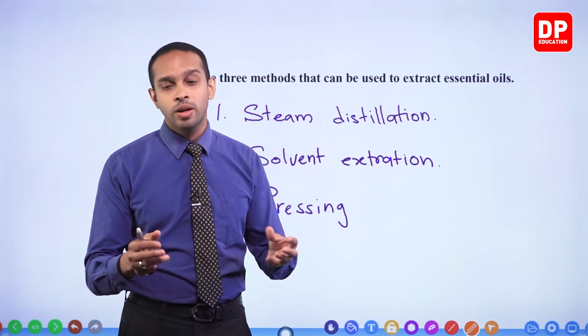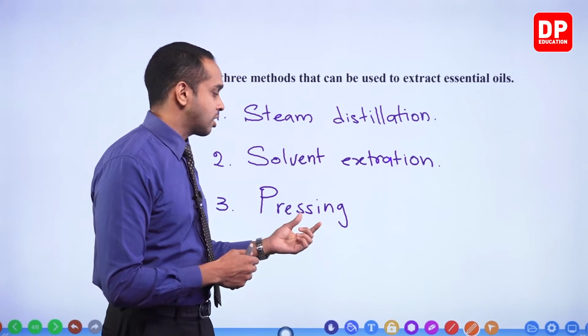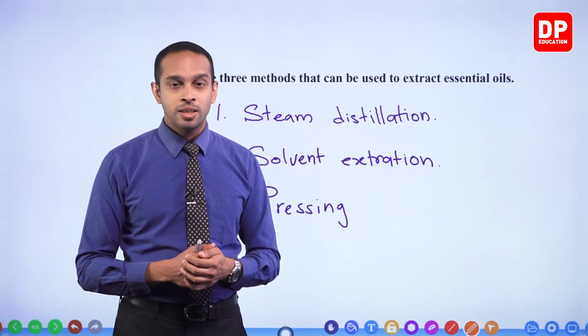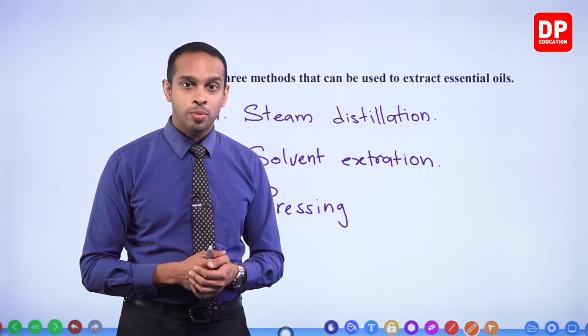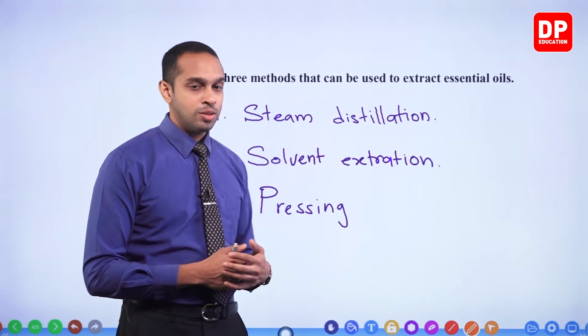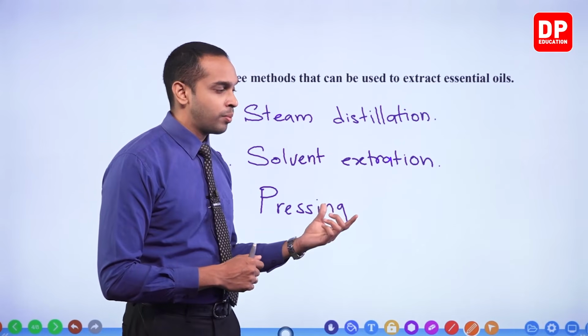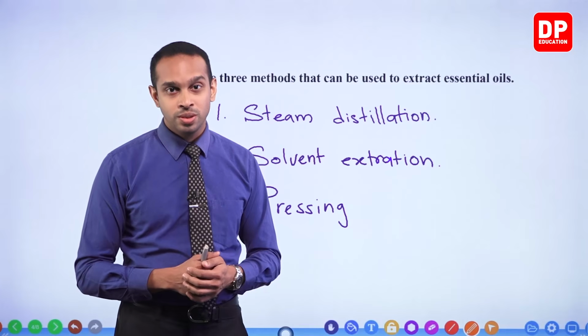Not all of the essential oils are going to be extracted easily this way. So you do not necessarily see this final method being used in industry a lot. However, especially when extracting cardamom oil, we still use this method. Cardamom oil is a good example of this method still being in use.